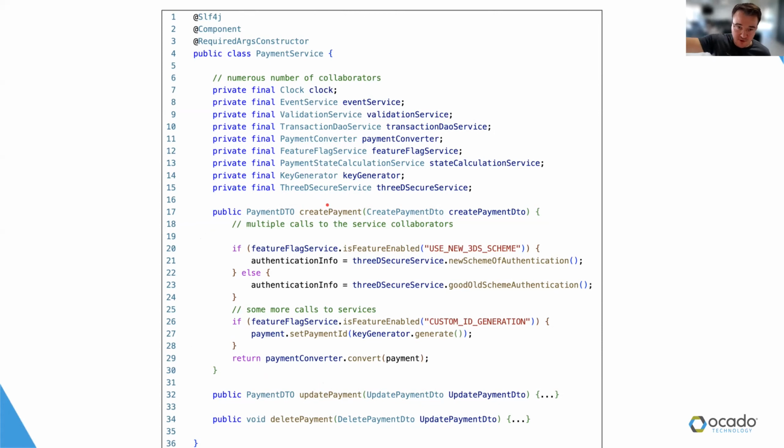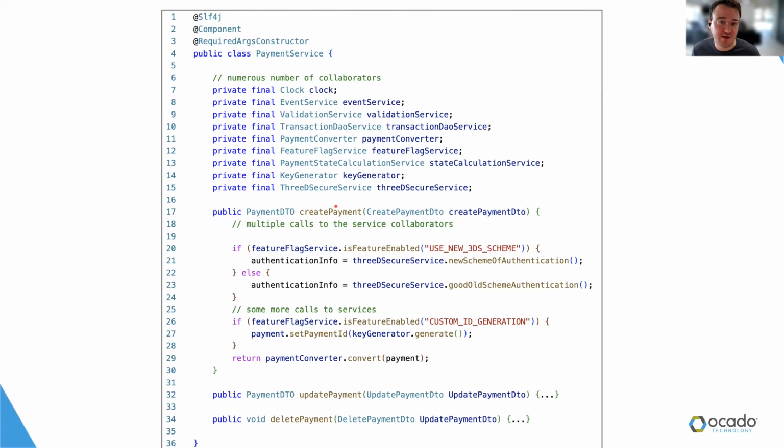But this could also be called from another service, another service that at some point needs to create a payment as well. So now you have two entry points that call this create payment, and this structure starts to grow more and more and more, and your software just becomes this big ball of mud, this big mesh of relations without a clear structure, right?